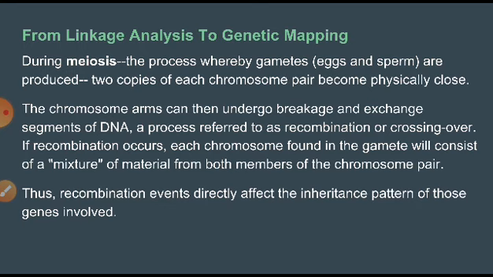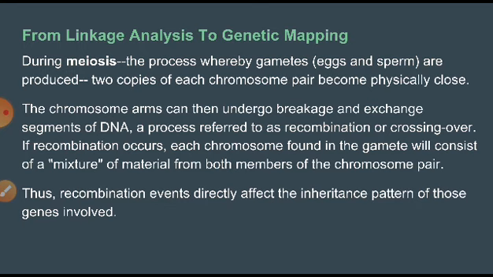The chromosome arm can then undergo breakage and exchange segments of DNA, a process referred to as recombination or crossing over. I hope you understand this point very well. Already you have seen what happens in crossing over. Whenever there is a new cell formation, the chromosomes go closer with each other and then they cross over. When they cross over, the information is shared or the genes get separated.